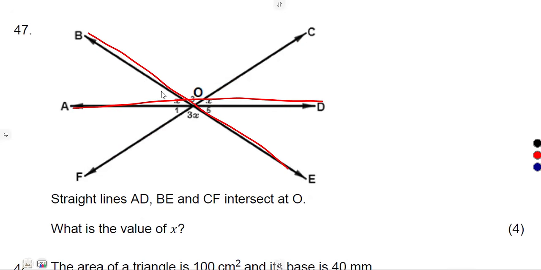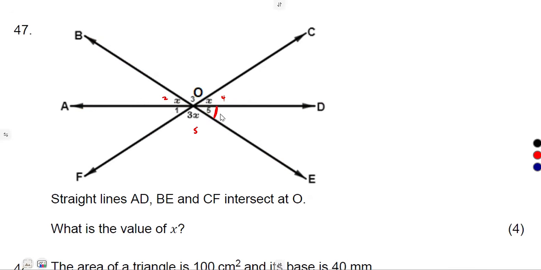Let us just name them in this order: O1, O2, O3, O4, 5, and 6. So from our vertically opposite angles, we can see that angle O2 and O5 are vertically opposite angles. They will be the same.